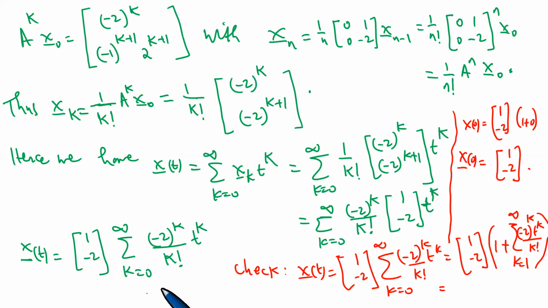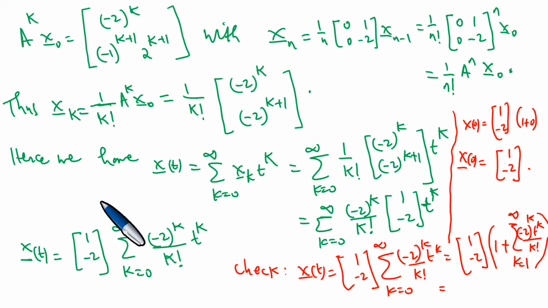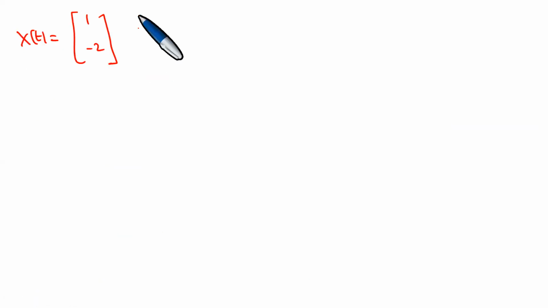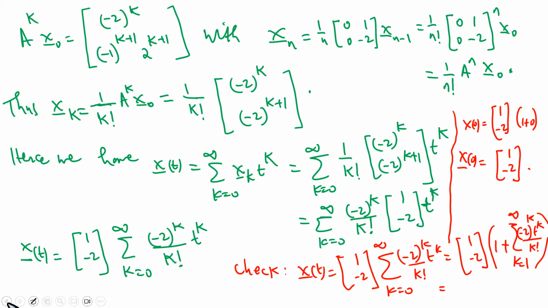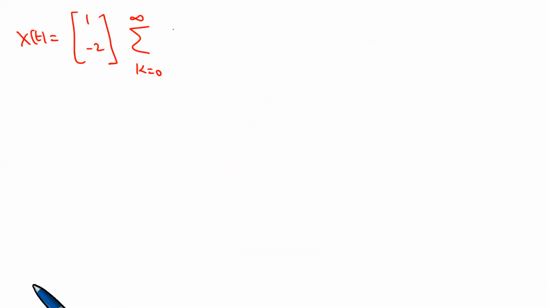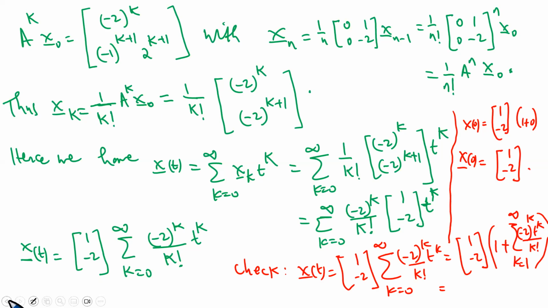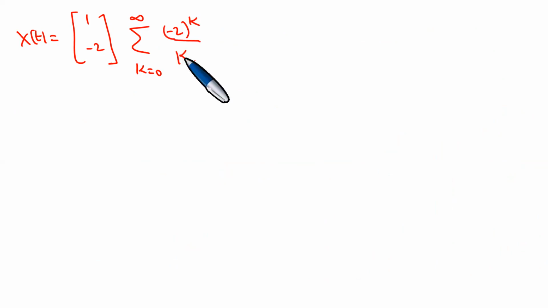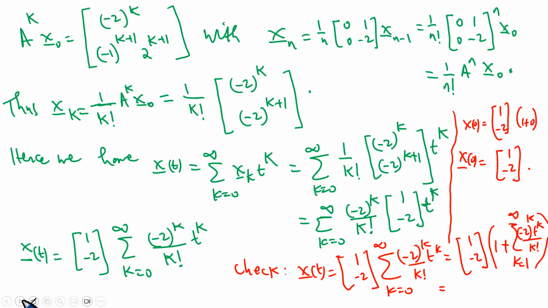Right, so we get this answer. Let me write this on the next page. X of t is equal to 1 minus 2, then you have the summation, so it's minus 2 to the k, and then t to the k.